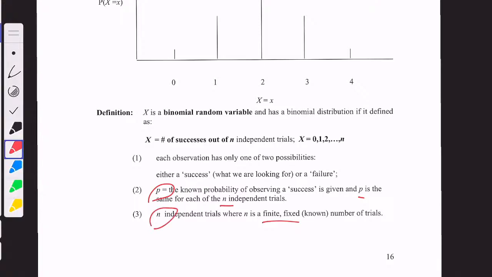And what you're looking for could just be one of two things, success or failure. What you have is a variable known as a binomial random variable. We're going to spend more time on that next week, but for now, you should know that.